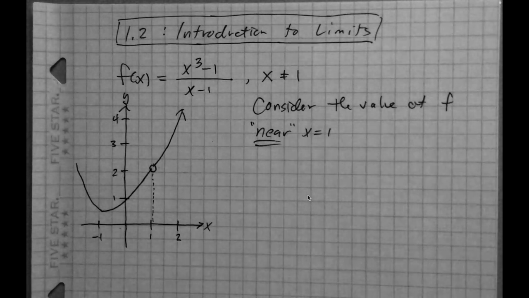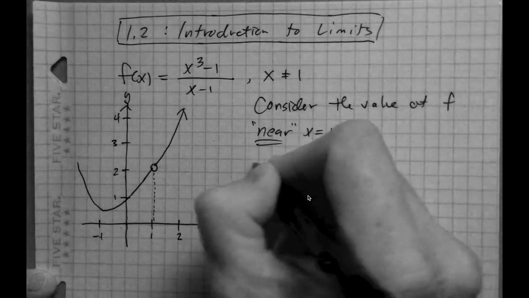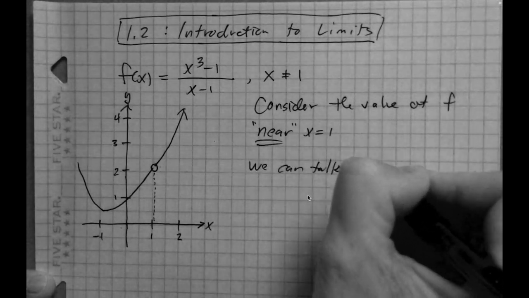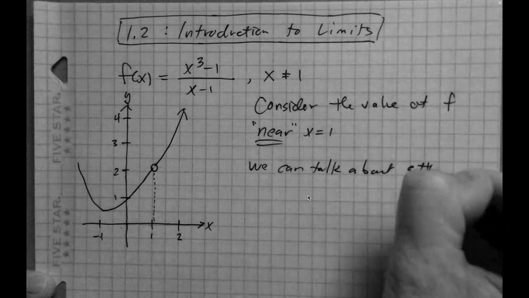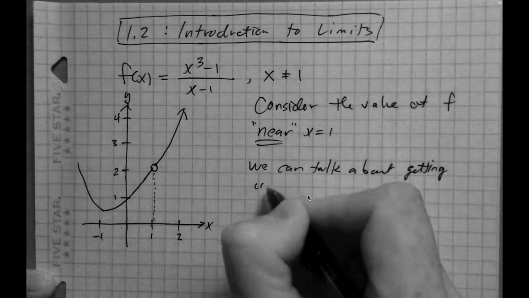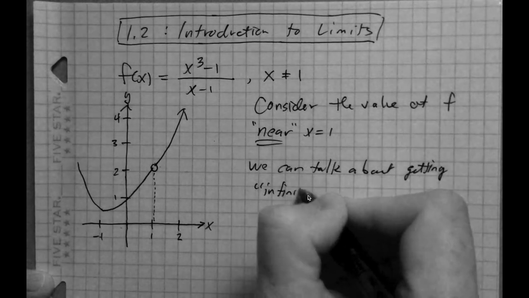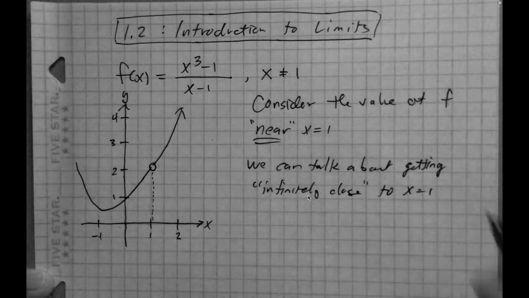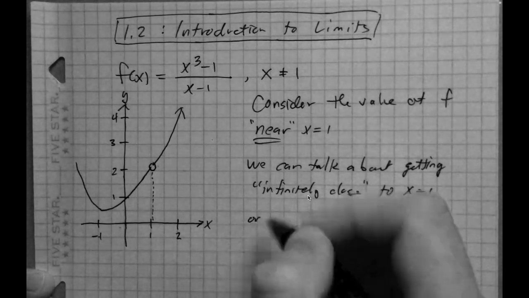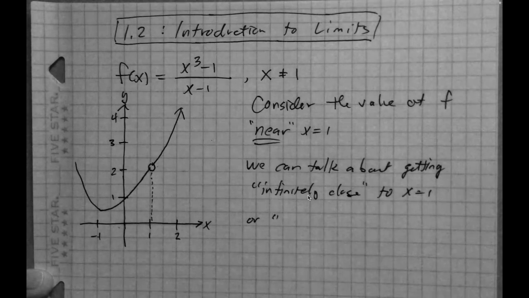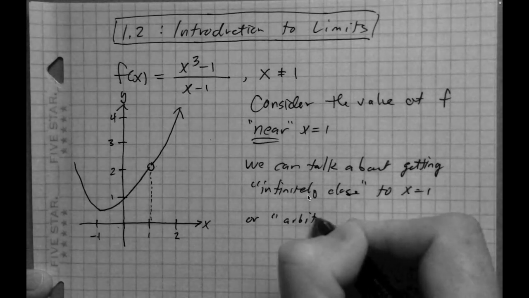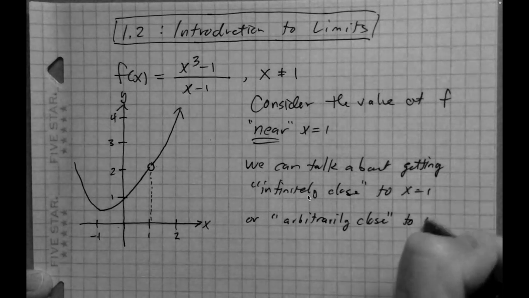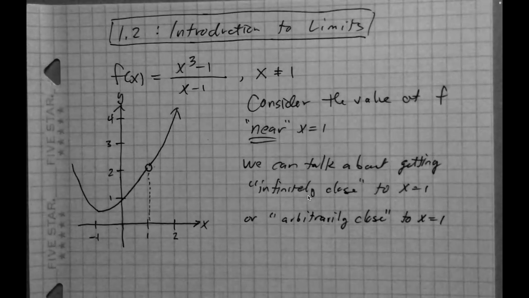Okay, so we can talk about getting infinitely close, and this is loose language here, infinitely close to x equals 1, or a better term probably would be arbitrarily close to x equals 1.